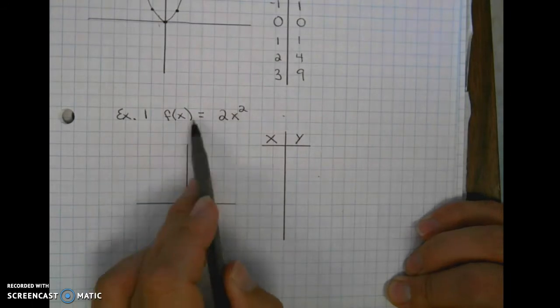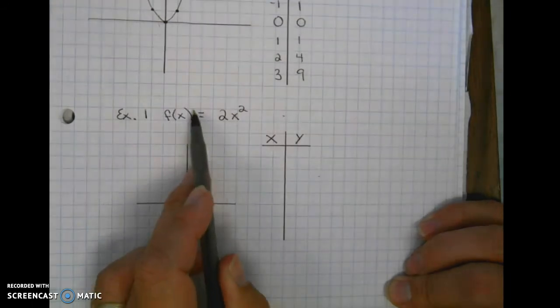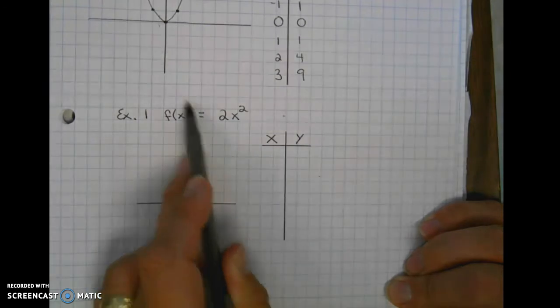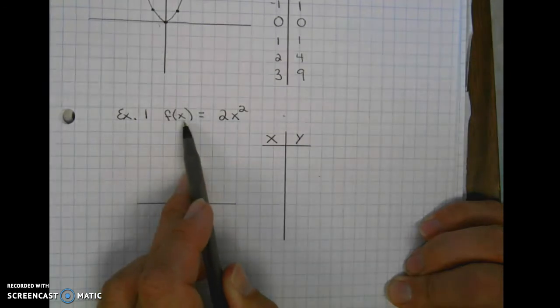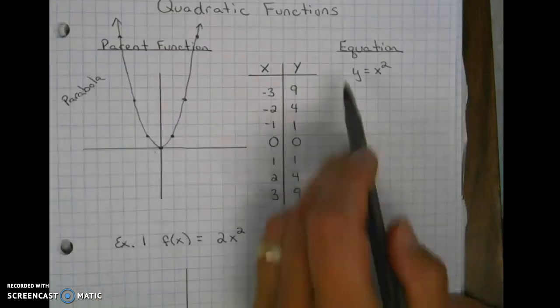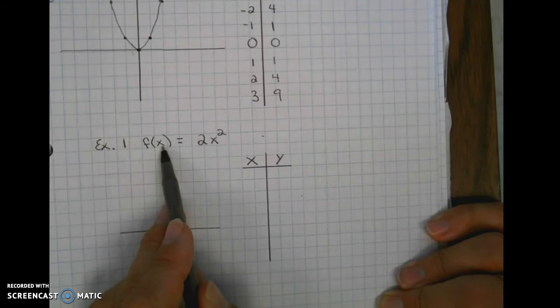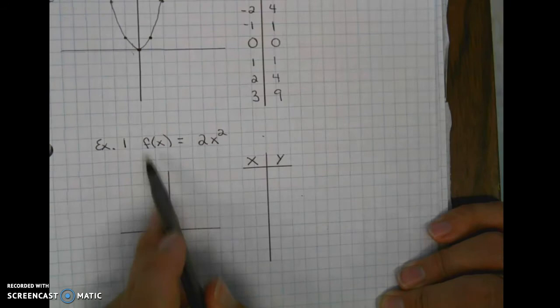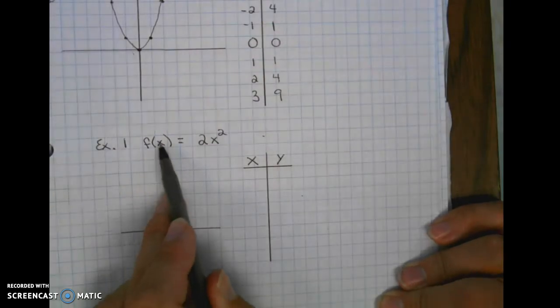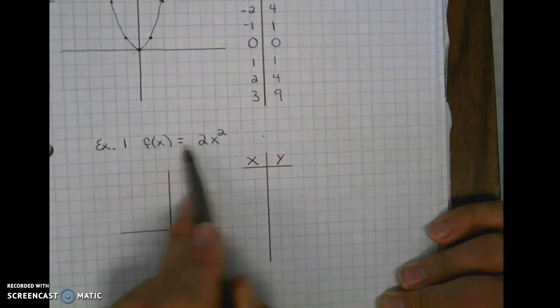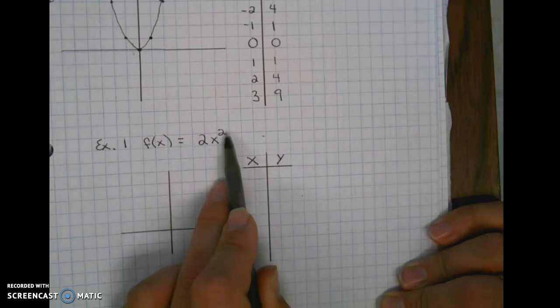So don't let this fancy notation mess with your brain. F of x represents y. Anytime you see this kind of notation, whether it's f of x or g of x or p of x, it's all equal to y. So this is the same thing as saying y equals 2 times x squared.